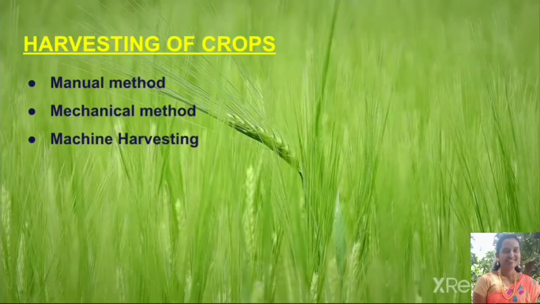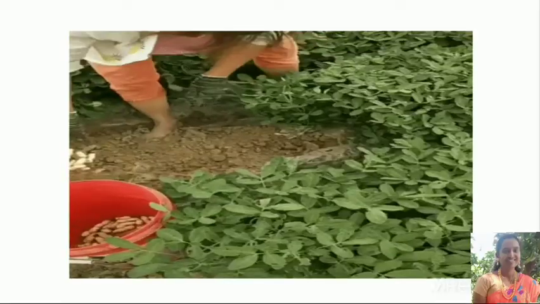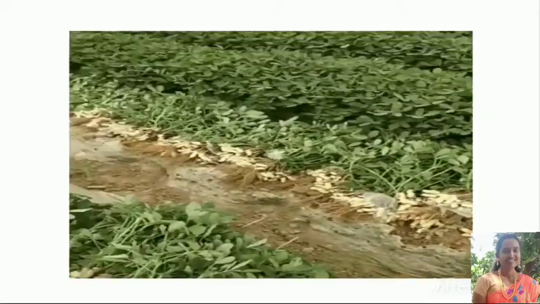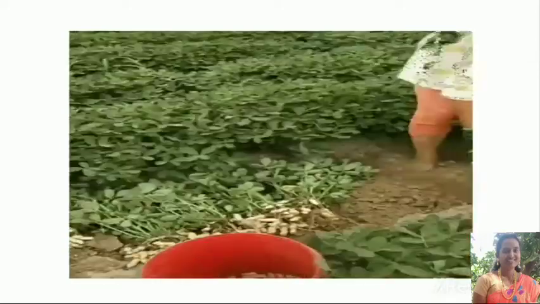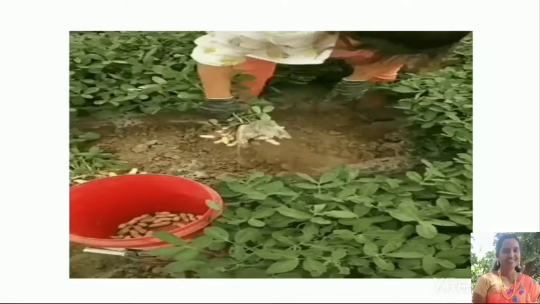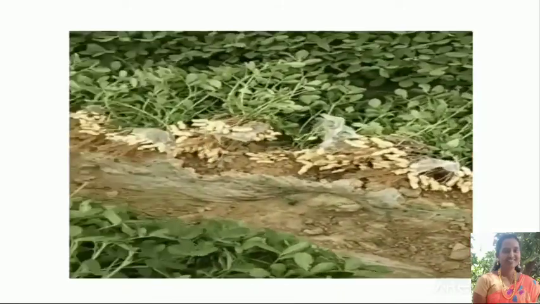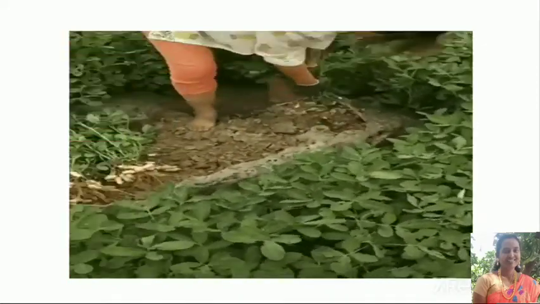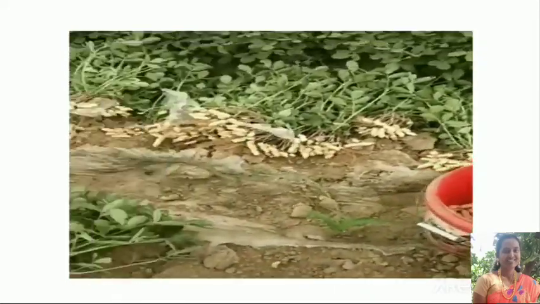Okay. So first one is manual method. Harvesting the crops by hand pulling is the major method of harvesting in India. Example, groundnut. So here you can see they are taking the groundnut by hand pulling. Okay. So this is called as manual harvesting.